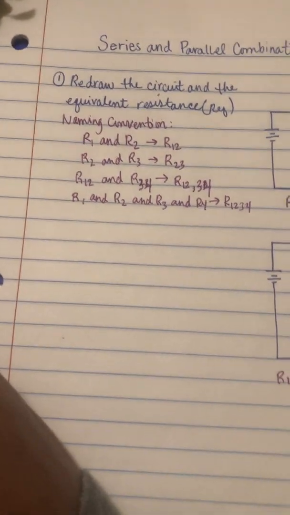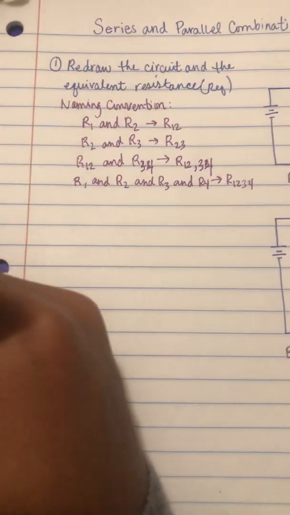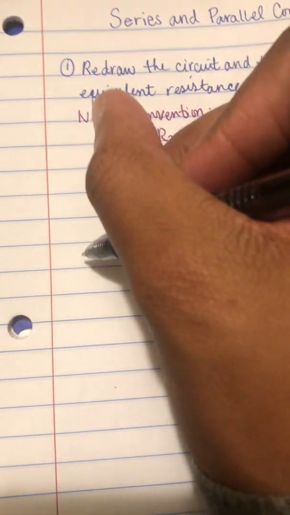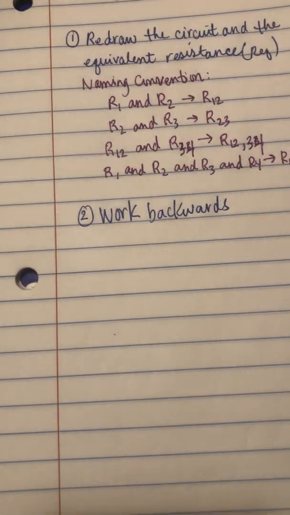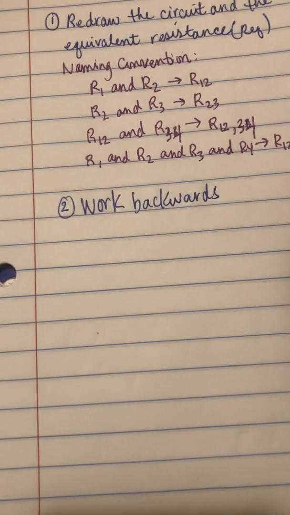You might have to redraw your circuit a few times, and then make sure you keep up with the resistors you combine. And then the second step is to work backwards. And when you're working backwards, you have to think about how you combine resistors.